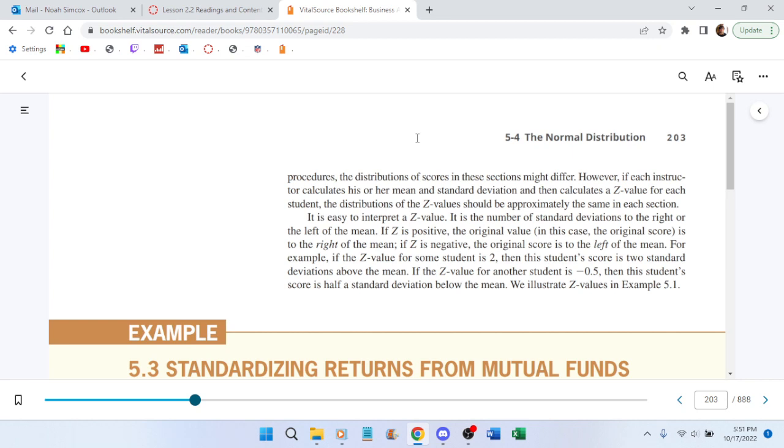The z-value is the number of standard deviations to the right or left of the mean.